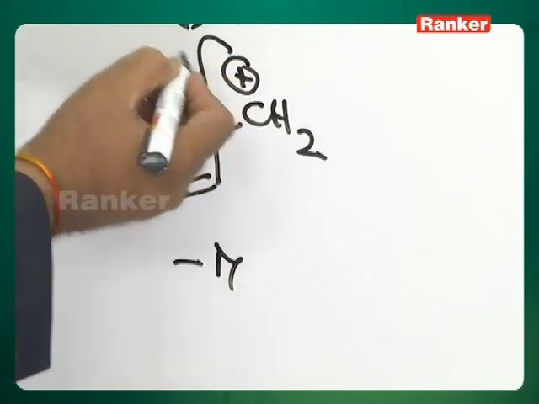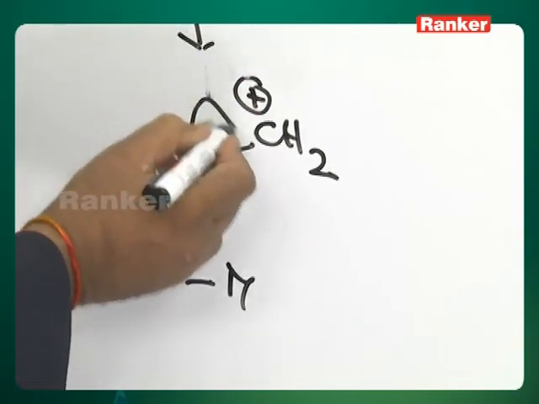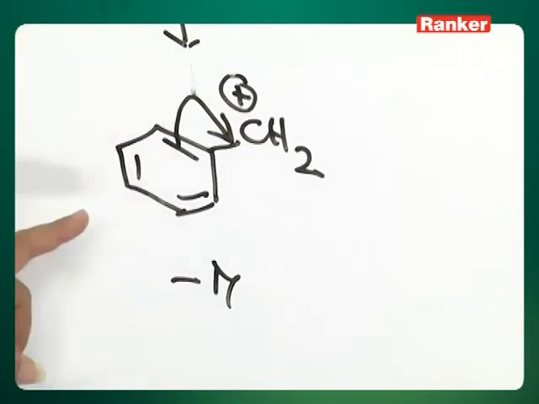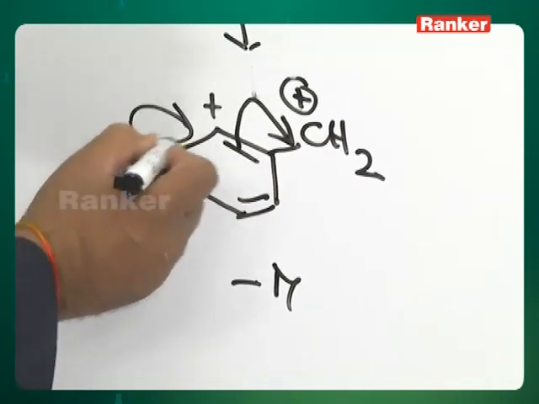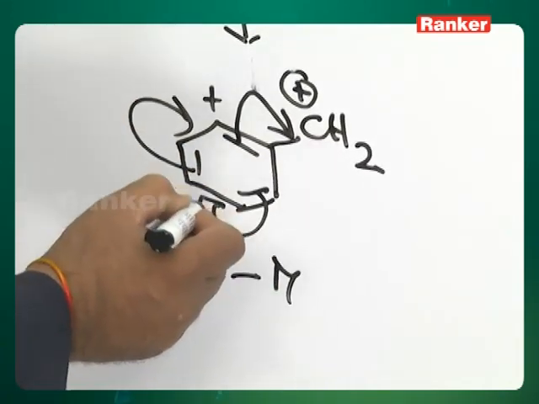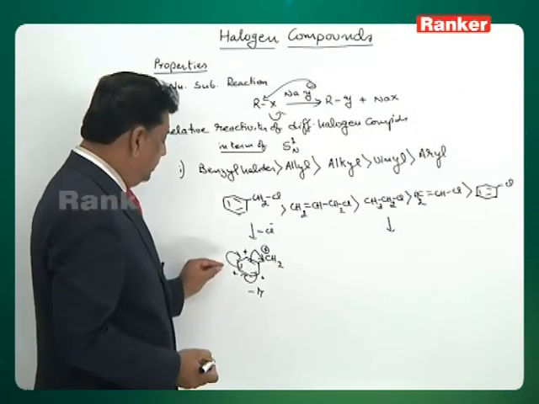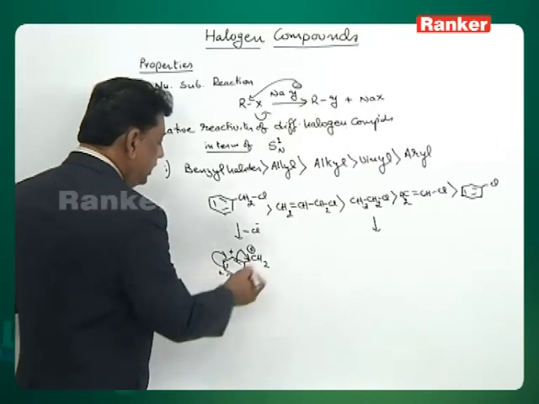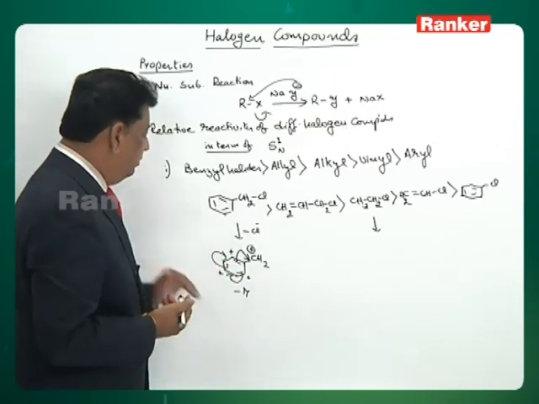The electron pair of the benzene is given, and a charge comes into the ortho, then para, and then ortho. Like this, the charge is delocalized, and thereby the benzyl carbocation has 1 plus 3 resonance structures, and it is stabilized. Once this forms, the second step is ionic, so it will be a fast reaction.